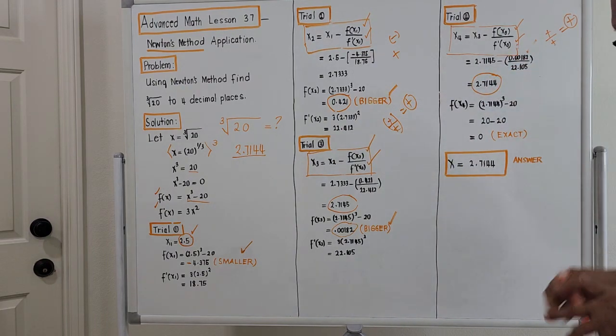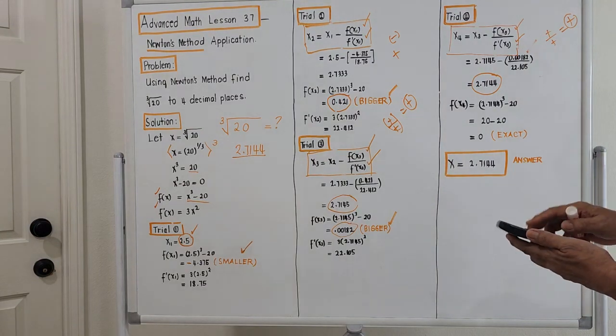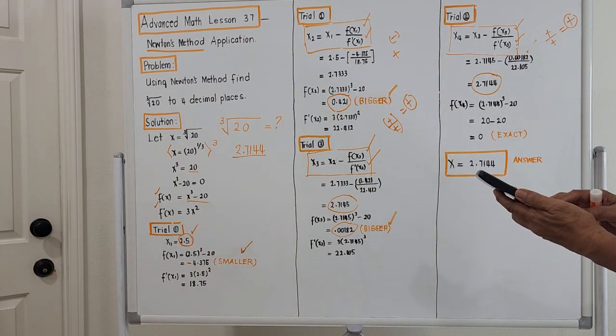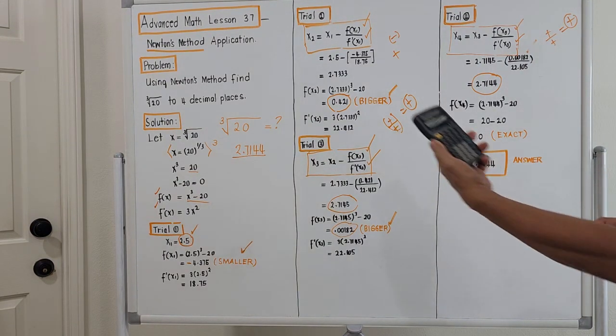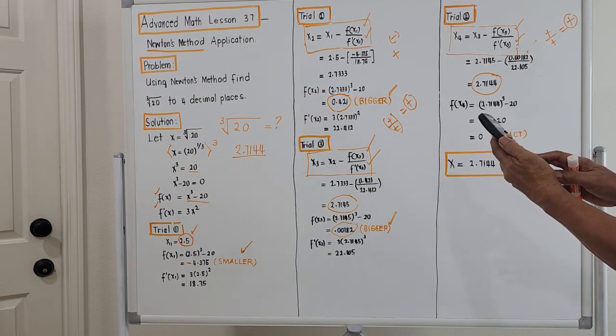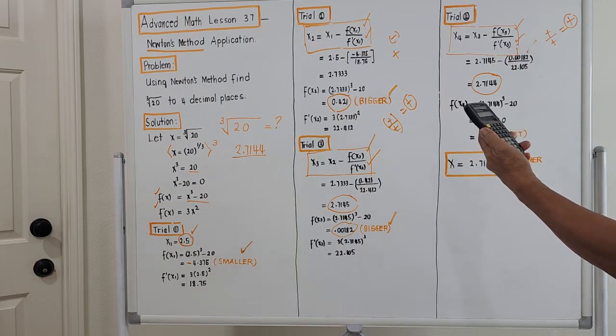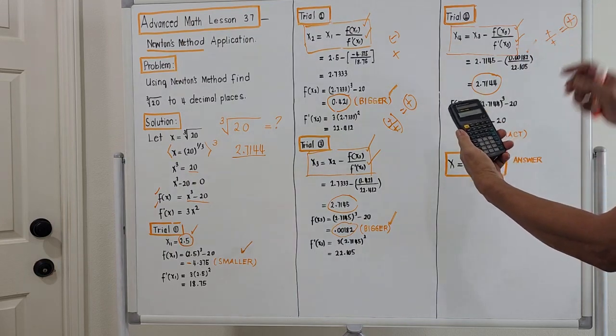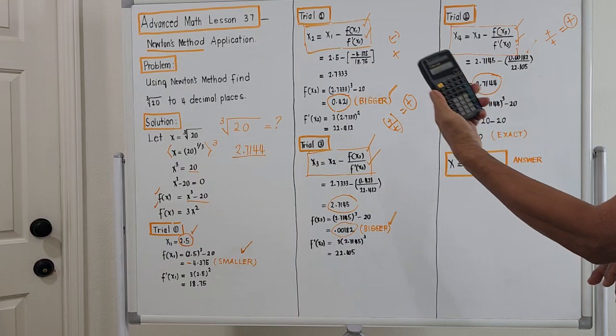And what comes out is 2.7144. Okay, you should familiarize yourself by using your calculator. 0.00182, okay, divided by 22.105 equals, okay, the sign should be negative, so we will place a negative sign.